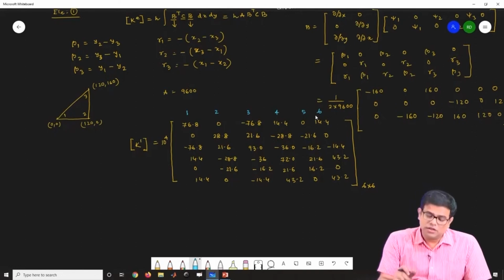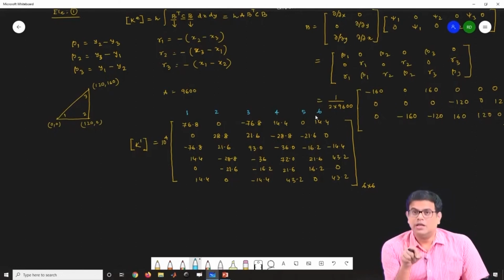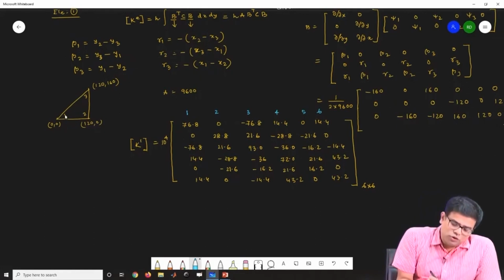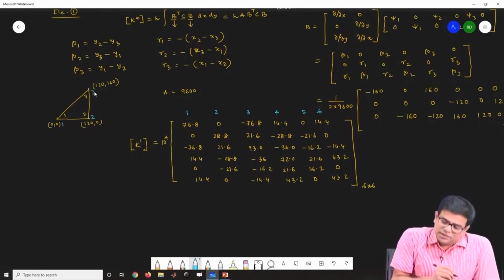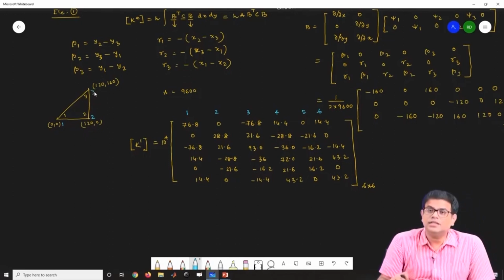How do I get this? Because the element's local node number 1 is the global node number 1. Global node number 2 is the element's local node number 2, and similarly for node number 3. So that's why I can write this.